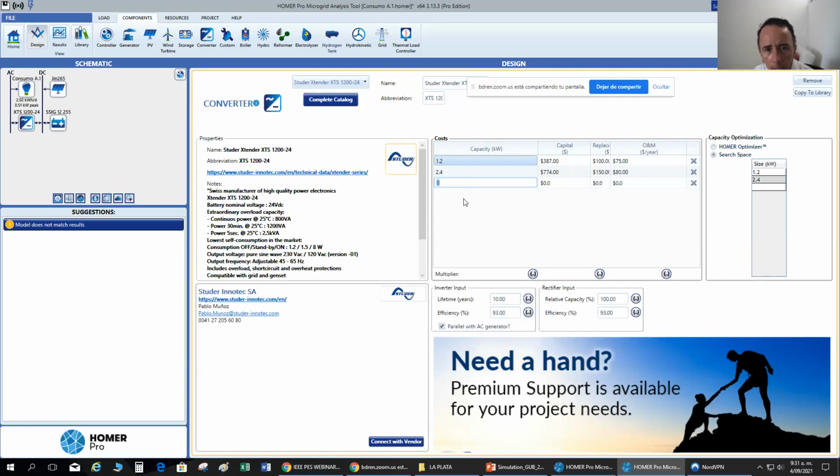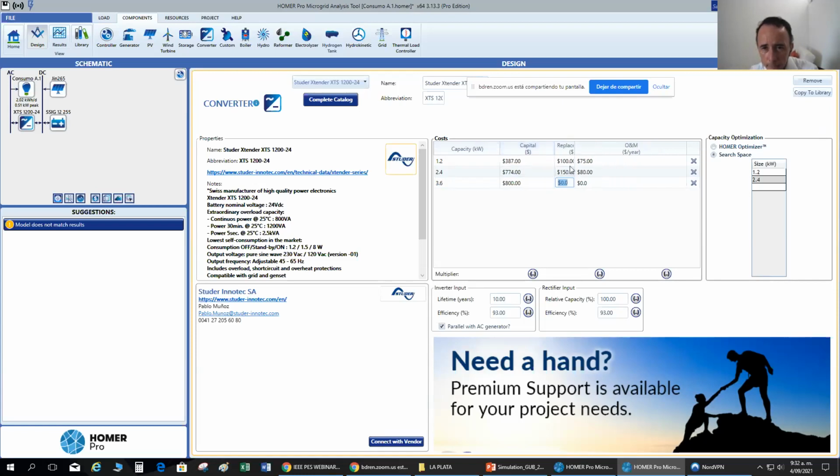Because maybe I'd like HOMER to identify or look for another possible solution. So I'm going to use another capacity, and it's going to create another simulation for this new converter. How much does it cost? Let's say, I don't know, 800. I'm inventing this.